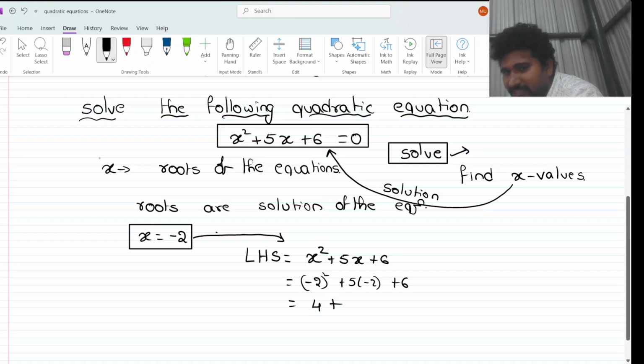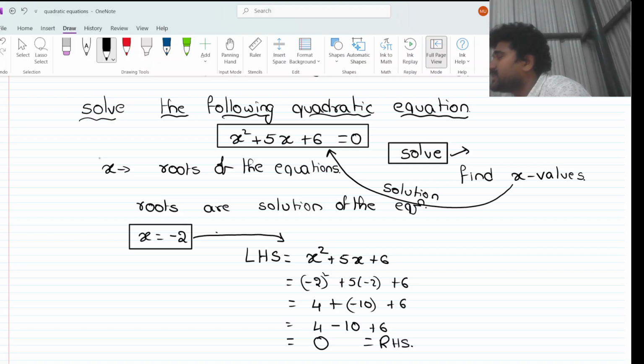4 plus -10 plus 6. Plus into minus, what will it become? -10 plus 6. Altogether it is 0, right? Which is nothing but your RHS.